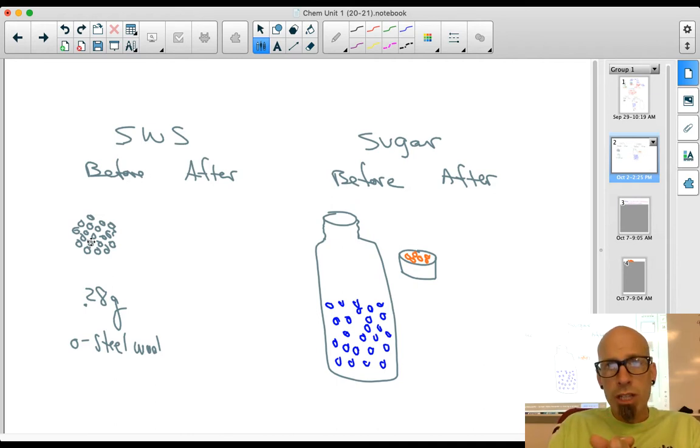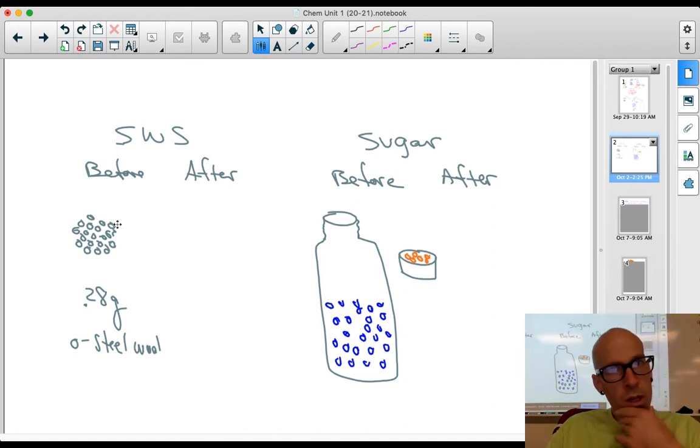Some folks suggested that because some groups were doing the sugar and the Alka-Seltzer part, which involved water, while other groups were doing the steel wool part, maybe there was some water on the scale that your steel wool picked up on the first measurement. And then on the second measurement, that water is still there, and you missed it. So maybe there are some water particles on the after measurement that weren't there on the first.